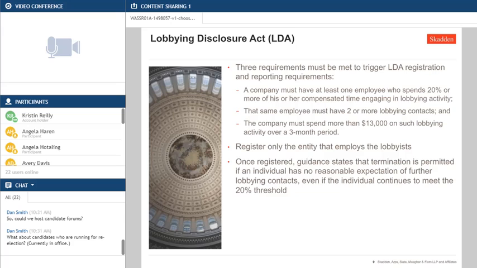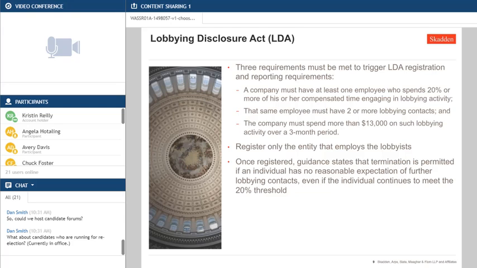And then the company, or in your case, the nonprofit, has to have spent more than $13,000 on that lobbying activity over a 3-month period. So it's a super high threshold, actually. It's much higher than most states, really, as far as legislative lobbying.